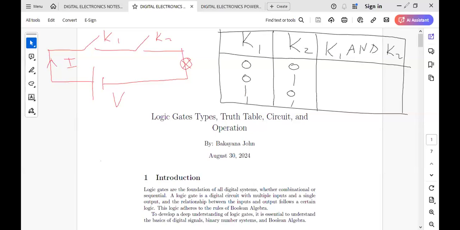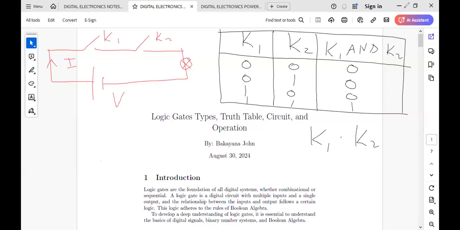And based on what I said, that we can treat AND as multiplication, let us see if that gives us the same result as the one that we saw before. K1 and K2, it means I'll be multiplying K1 times K2. 0 times 0, you get a 0. 0 times 1, you get a 0. 1 times 0, you get a 0. 1 times 1, you get a 1.